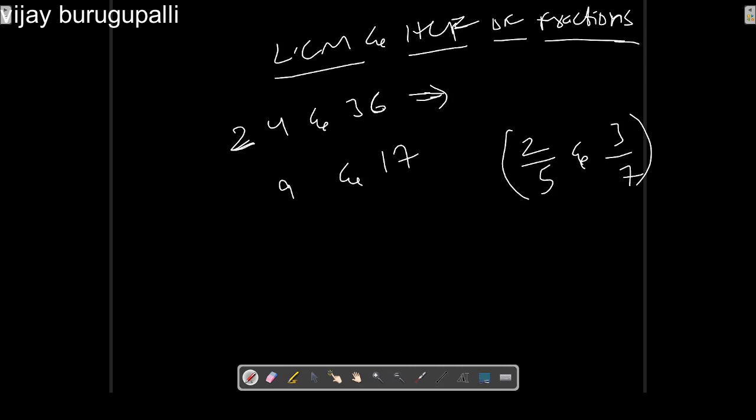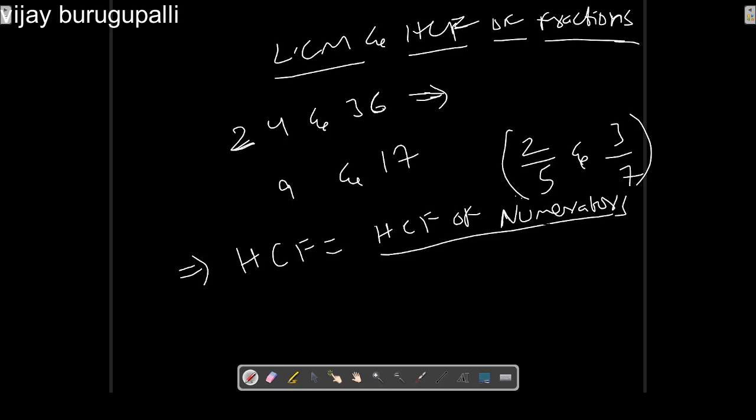Now what we have to do, in order to find the HCF, is find the HCF of numerators and the LCM of denominators.